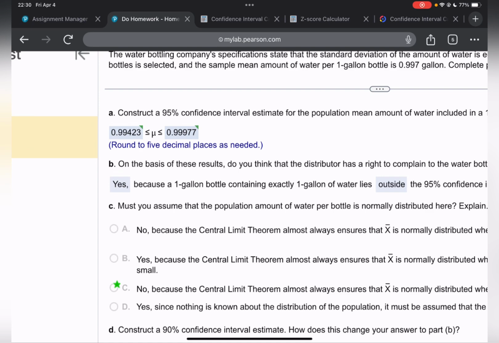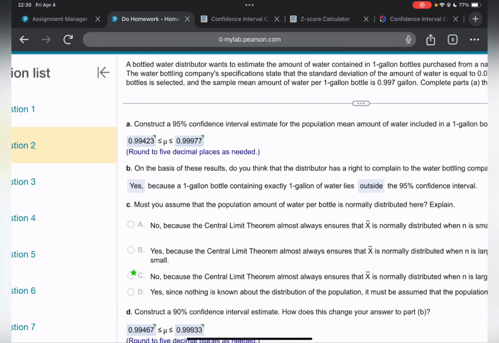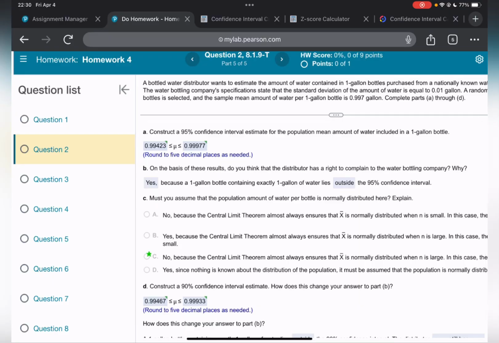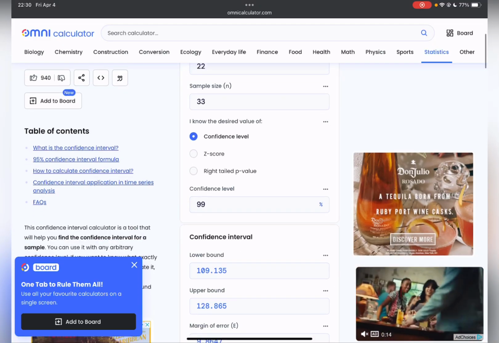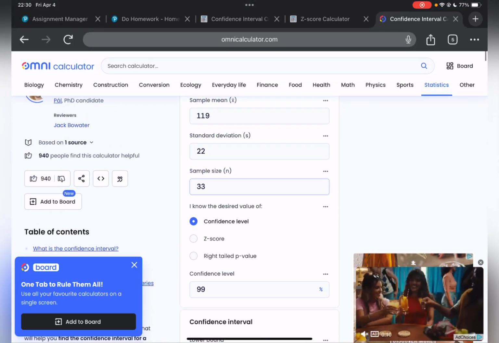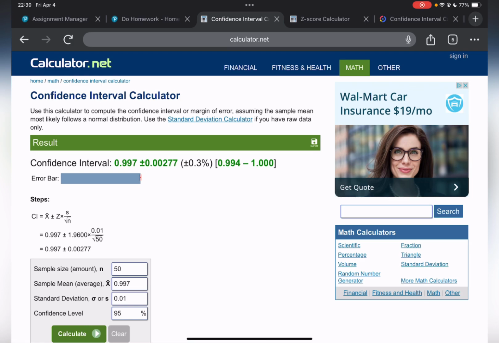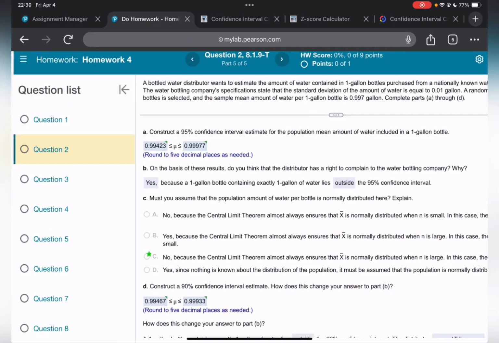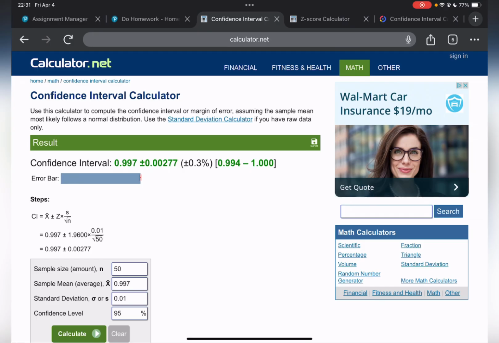Okay, we are going to face this problem everywhere, looks like. I need to figure out what to do, otherwise I have to give you credit for this one also. If we plug it here, this confidence interval is going to give the same thing, I believe. Yeah, because look what it's doing. It's rounding to 3 digits, so 0.994, and here we have 0.99423, and here we have the upper level, 1.000.